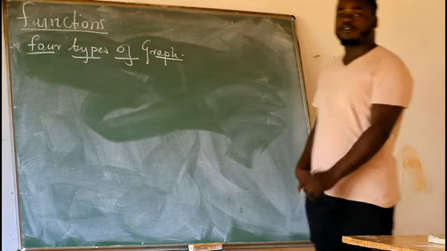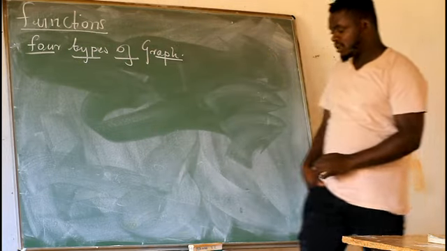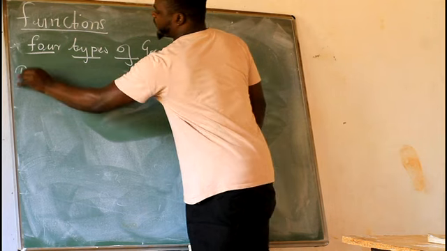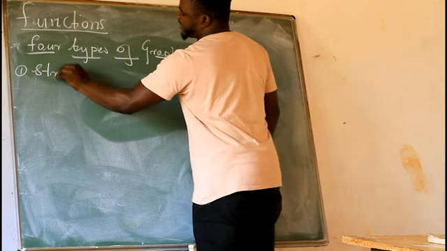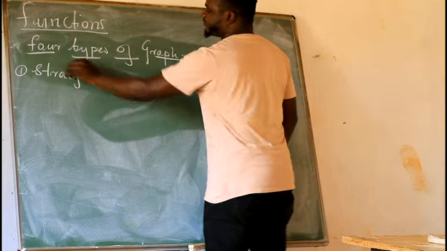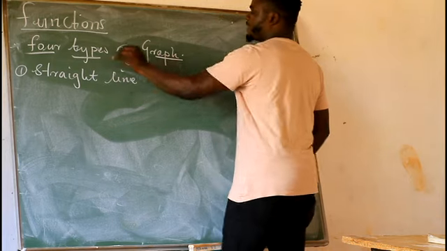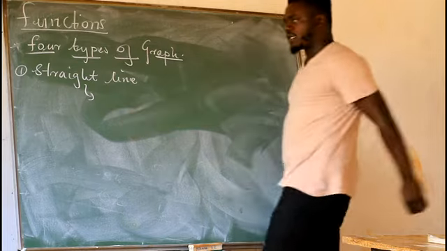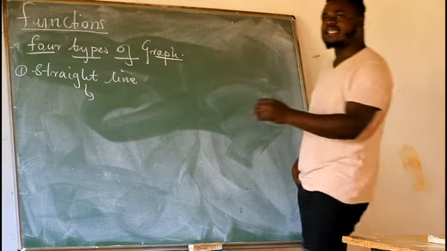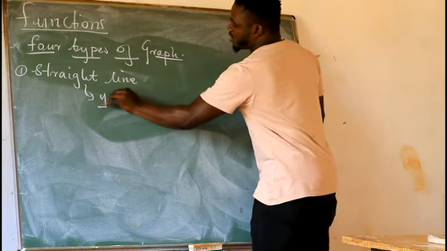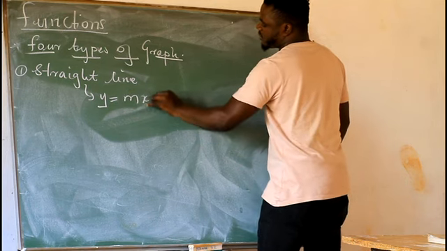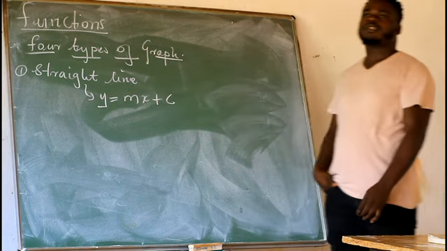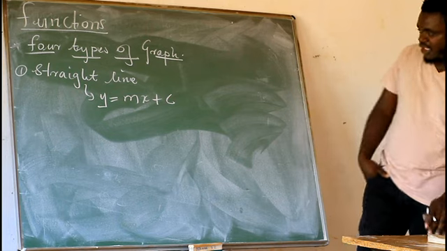Number 1 is our straight line. And our straight line is given by what? Our straight line is given by y equal to mx plus c.